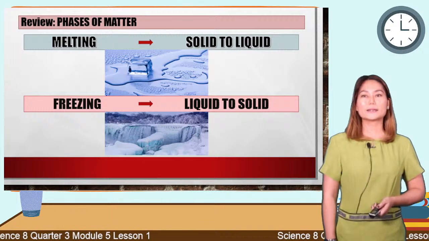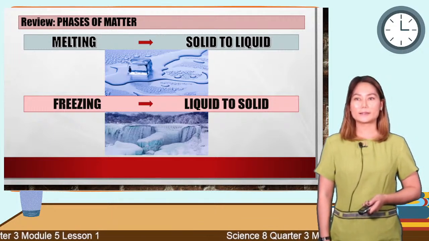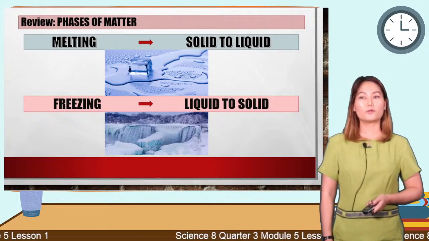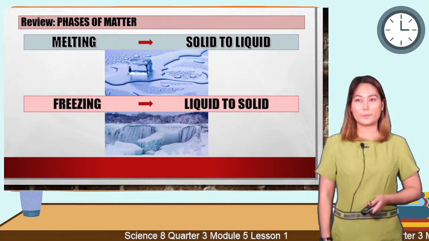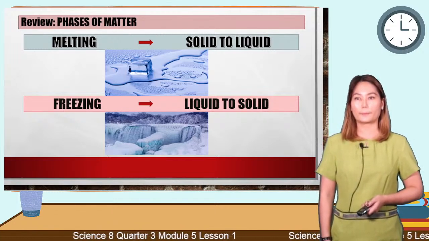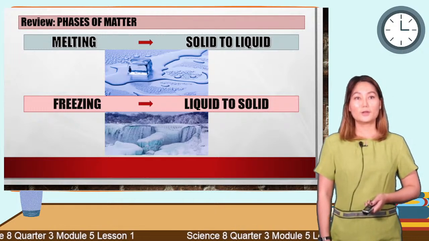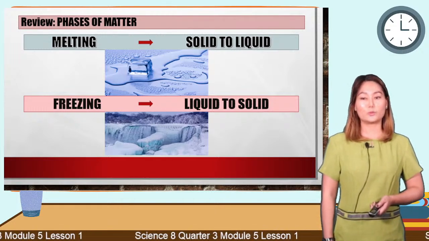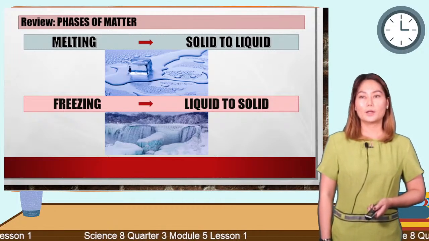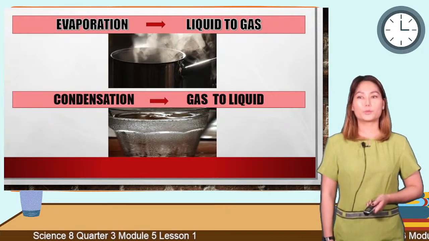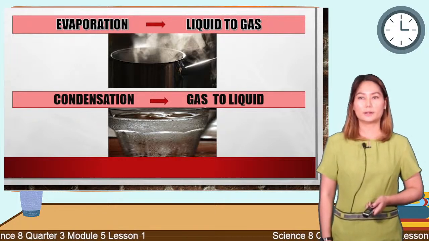During our last episode, we discussed the 6 phases of matter. We have melting and freezing. Melting is a change from solid to liquid. Freezing is a change from liquid to solid. We also discussed evaporation and condensation.